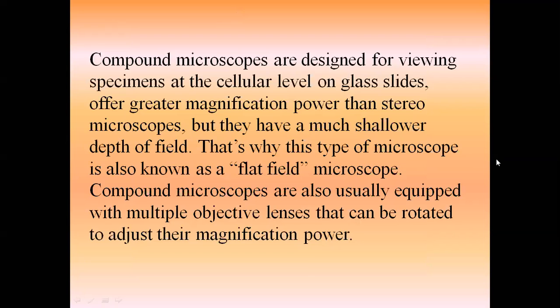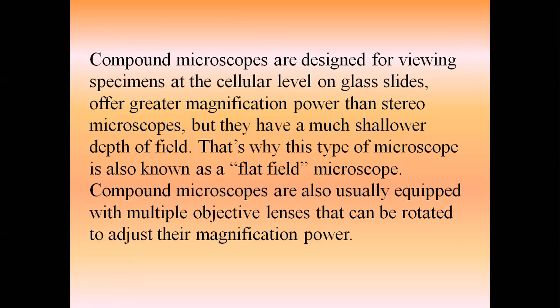Cellular level means microscopic specimens which are not seen with the naked eye, very small, and it offers a greater magnification power than stereo microscopes. So in this compound microscope, the magnification power is more.